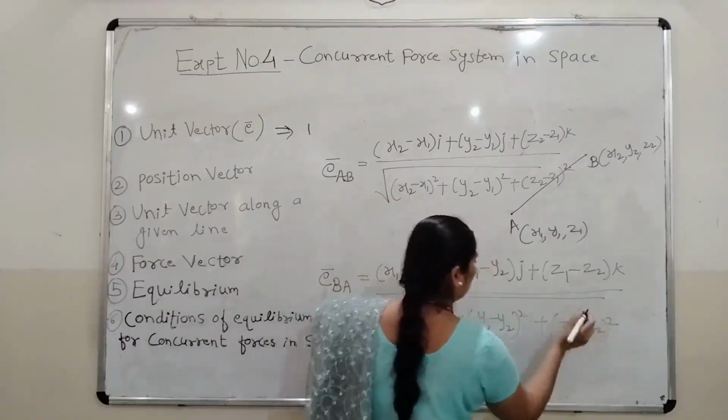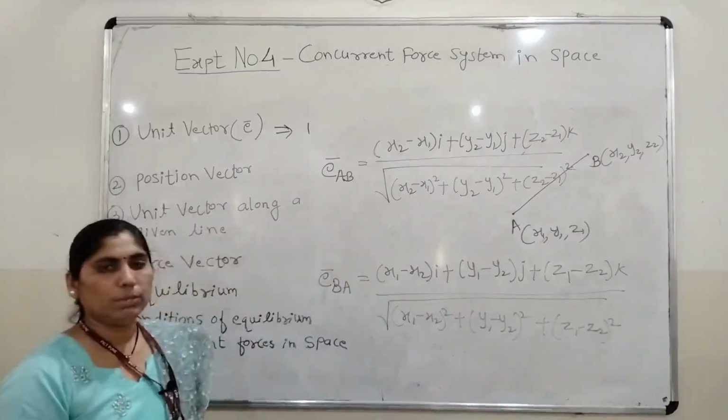In this way we can find out the unit vector along the line BA.